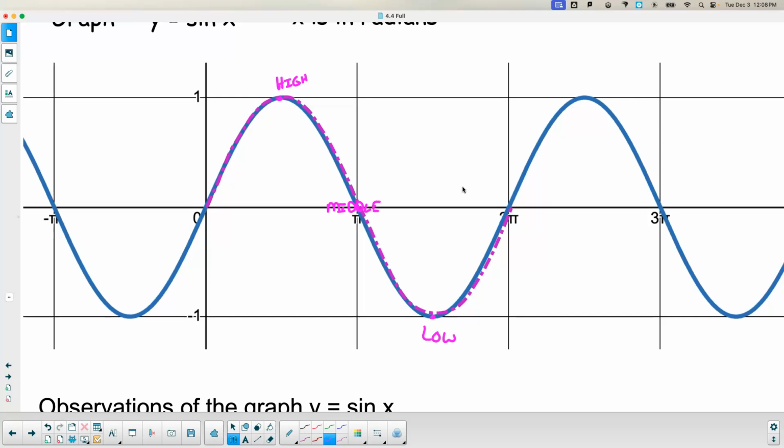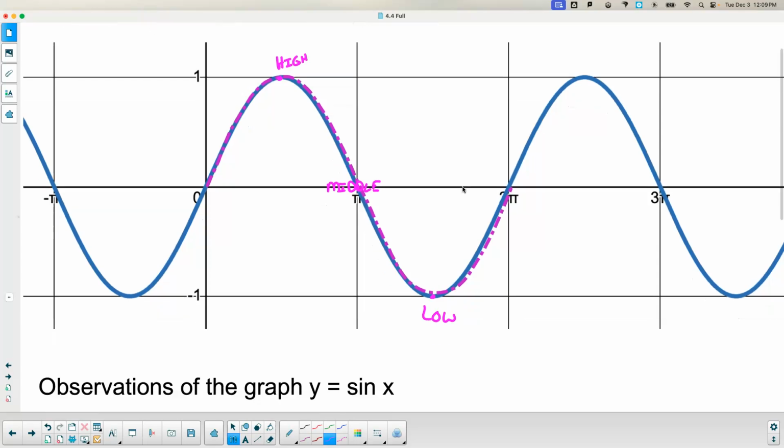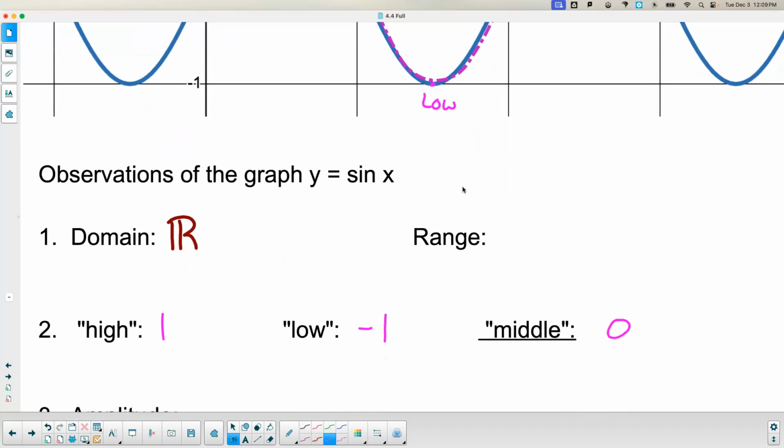Now that we know how high it gets and how low it gets, now we can do the range. Because the range is from the low to the high. So now we can say that the range is from -1 to +1.